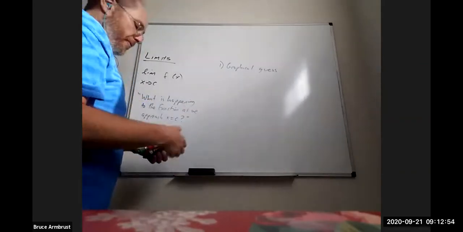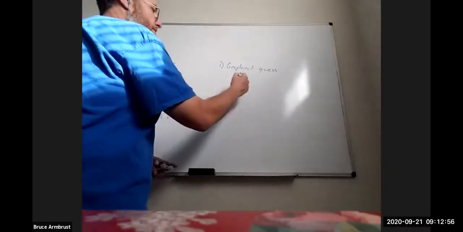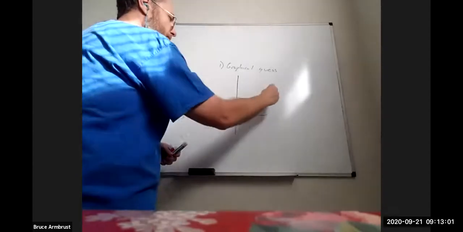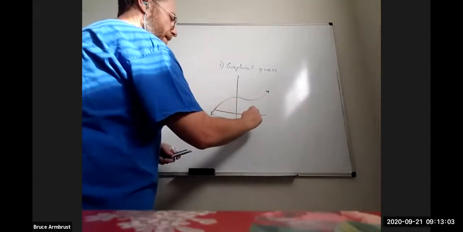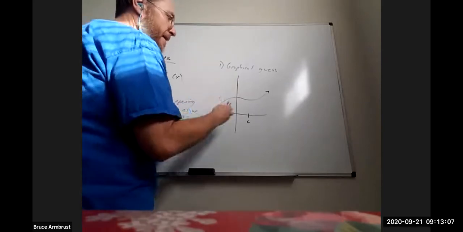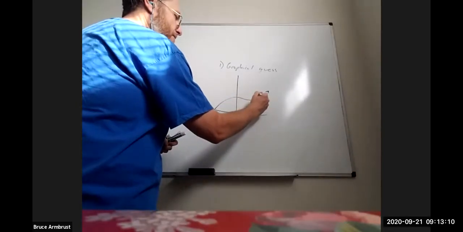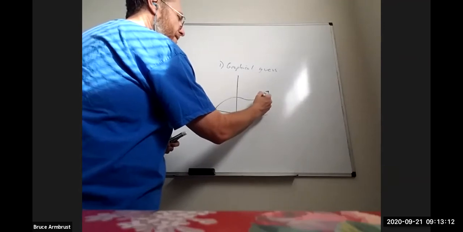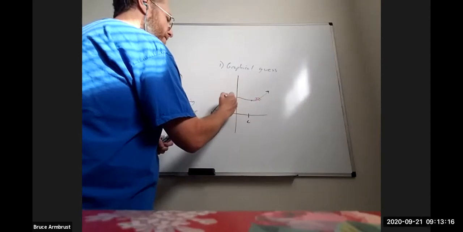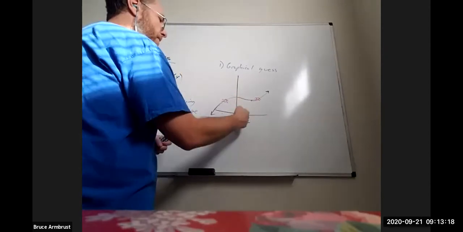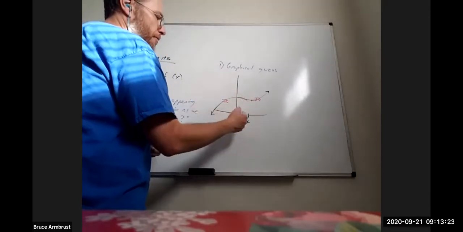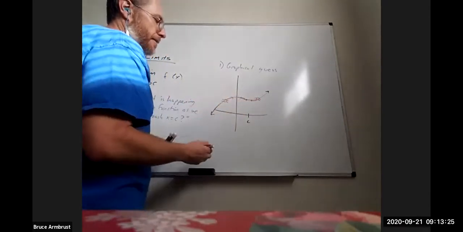Hopefully you remember what we did graphically: if you have a graph of a function, and we're approaching c, imagine that you're crawling on it. I like to think of it as a spider crawling on the function. What happens to its elevation as we approach from either side?